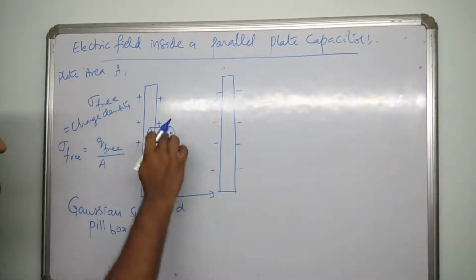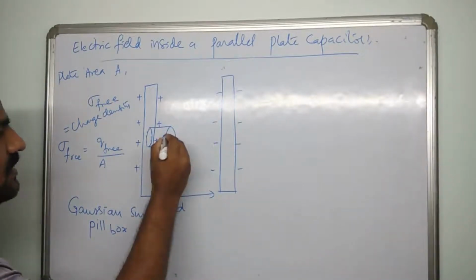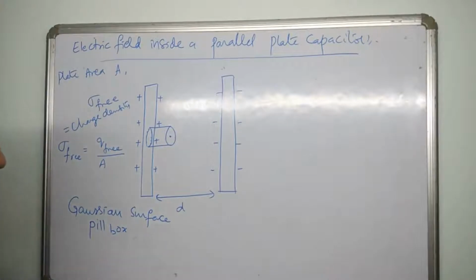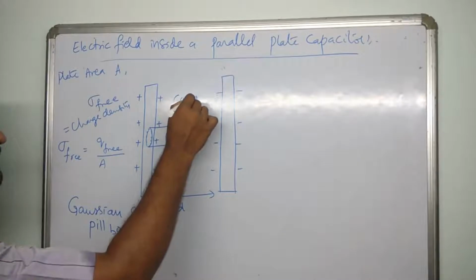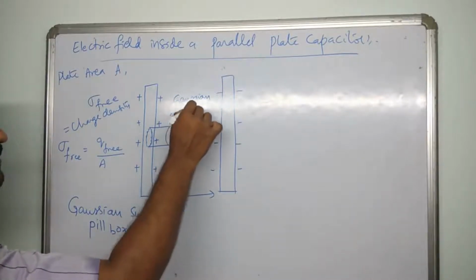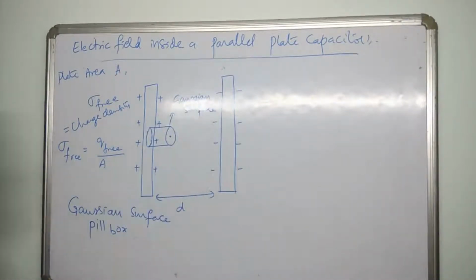So this is a thin cylindrical area, and at this point I want to find out the electric field. So this is my Gaussian surface. So this Gaussian surface is used for evaluating the electric field inside.